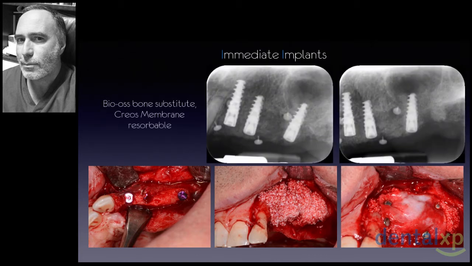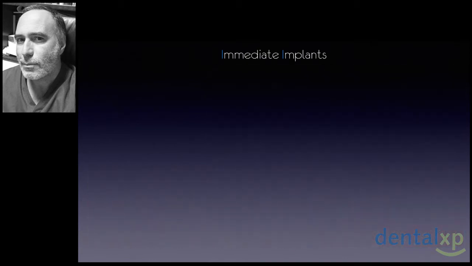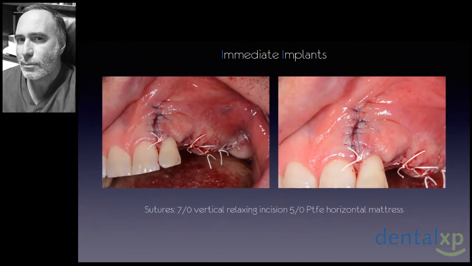Therefore, it is necessary to use BIOS bone substitute and a resorbable collagen membrane fixed with a pin to make a horizontal GBR, and a transcrestal sinus lift with collagen and BIOS collagen to lift the sinus. The sutures: 7-0 for vertical relaxing incisions, and 4-0 PTFE for the horizontal incision.